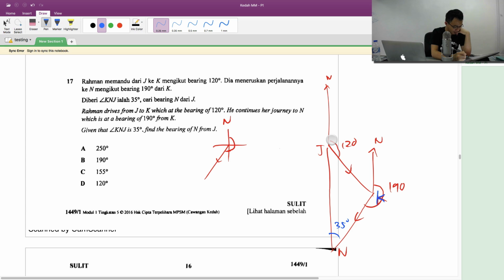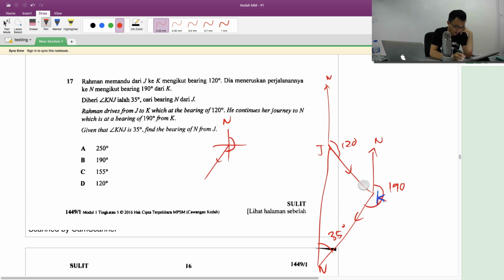So I don't draw it so straight, because later you might misunderstand something. I just make the N slightly longer because I want to make it very obvious. So let's say from N to J is somewhere here. Now from J to the N here, we have to solve it.